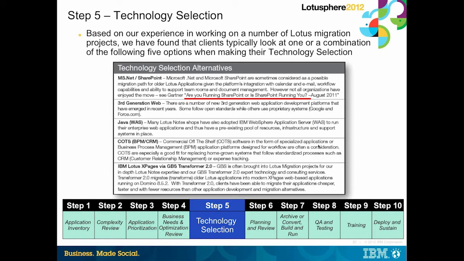So we want to make sure that we have gone in and partnered with you to find these things out. In our experience over the past years in determining the target platforms that organizations choose, obviously Microsoft .NET and SharePoint fall out at the top of the list, primarily because organizations are planning on moving their mail.